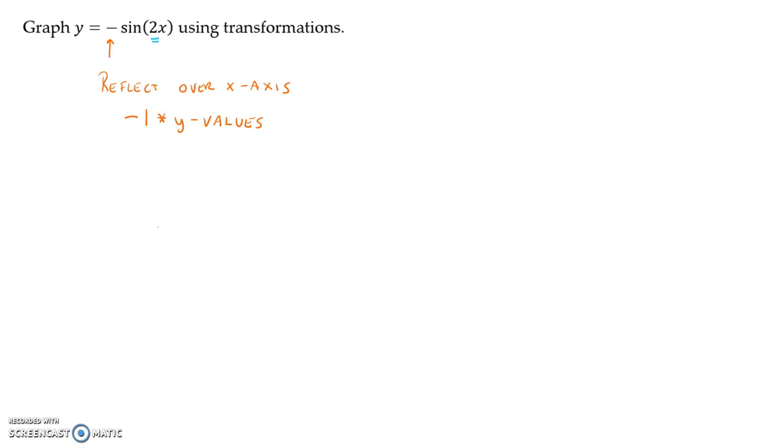The 2 that is inside with the x is going to give us a horizontal compression. And in this case, we're going to be multiplying our x values times 1/2.